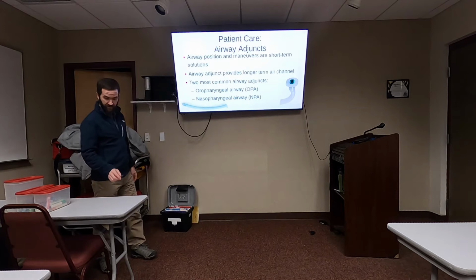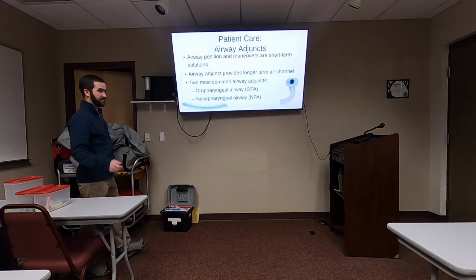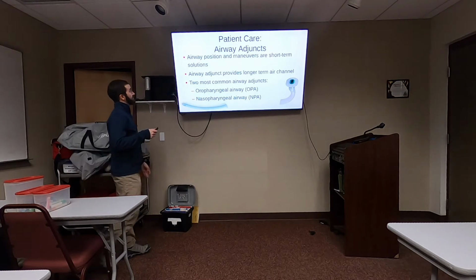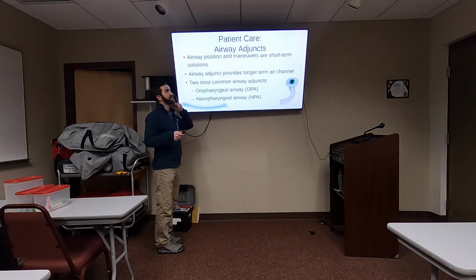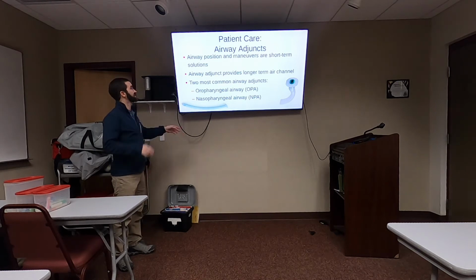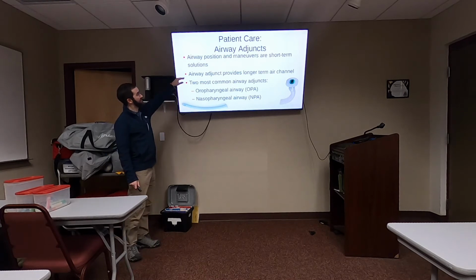Okay, airway adjuncts. When you do a head tilt chin lift, like I said, it's more likely going to stay there until you start moving the patient around. But the jaw thrust, not really a long-term deal.